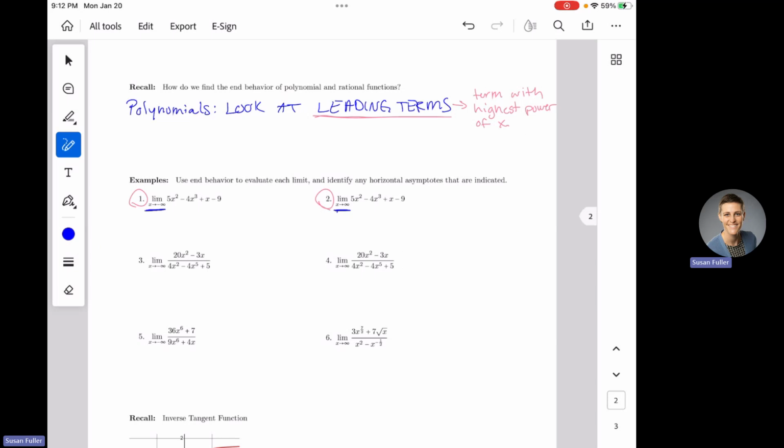Our brains work best with positive, so I'm going to look at number 2 first. Now, x is a huge number. Think 3 million, right? If I take 3 million to the second power, 3 million times 3 million is huge.